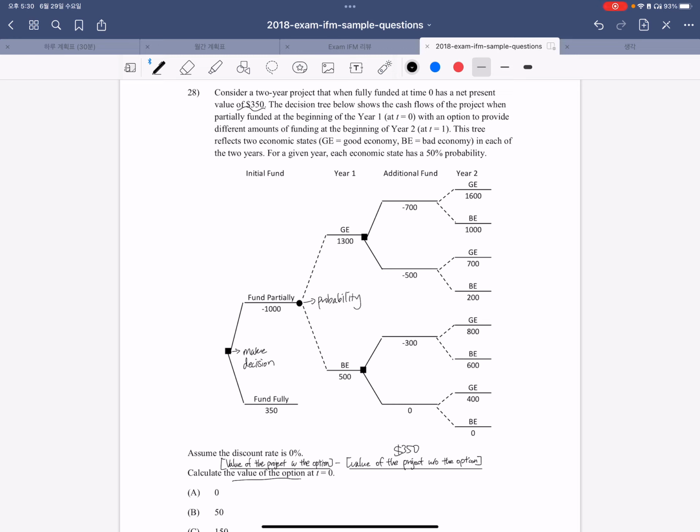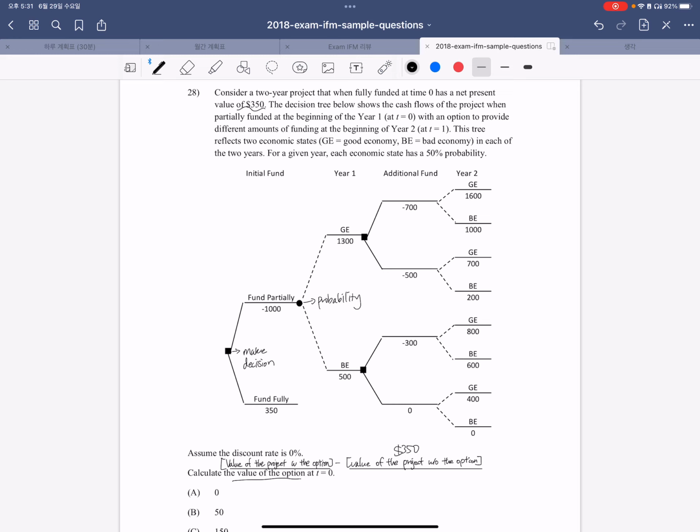Okay, so on year one, by interpreting this decision tree, let's start from the very top node. On year two, it could be good economy and bad economy, and as you can see, there's no black square, so we don't get to choose if we're going to a good economy or bad economy.